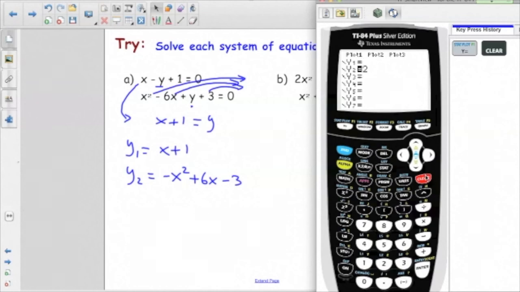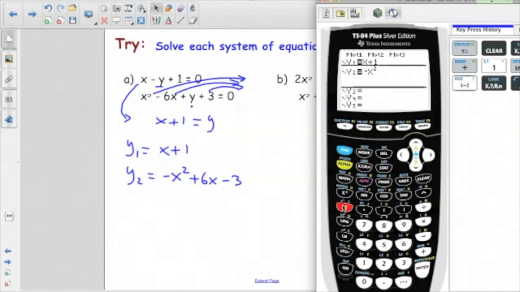So we have x plus 1, and let's go into that. And y2, I have negative x squared plus 6x subtract 3. Okay, let's hit graph.